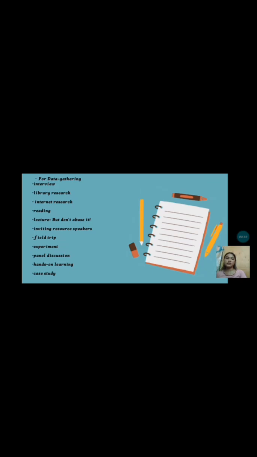So students visit relevant places, for example museums, companies, historical sites to observe and learn outside the classroom. Then next, experiments. So conducting scientific or practical tests to explore hypotheses and demonstrate concepts.